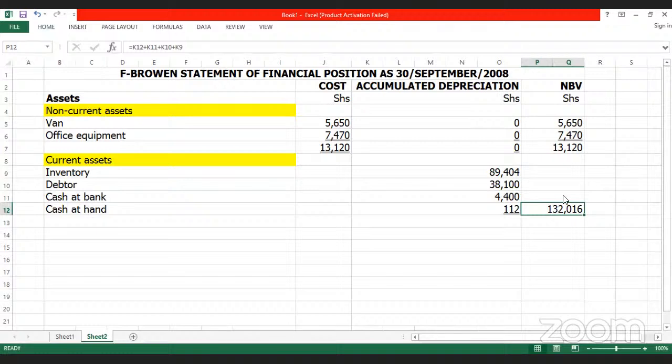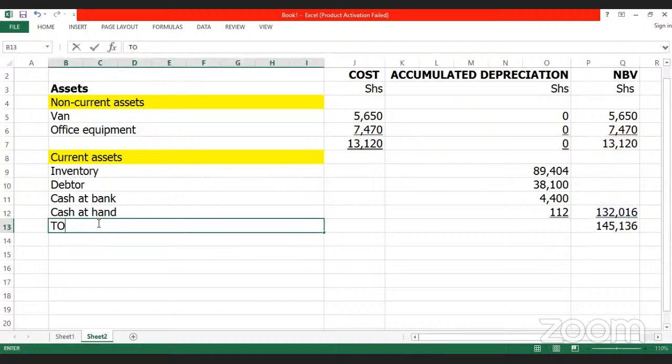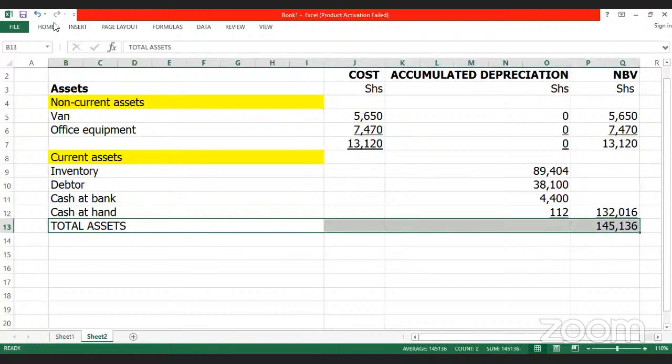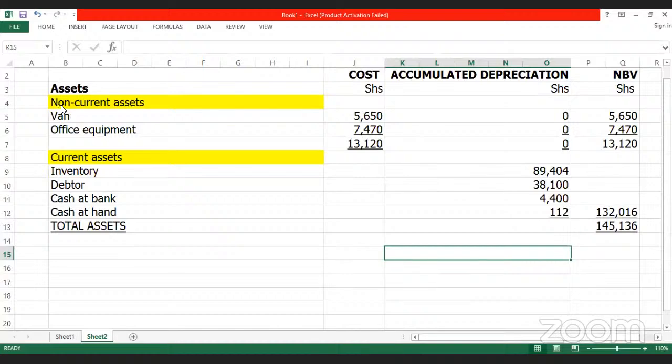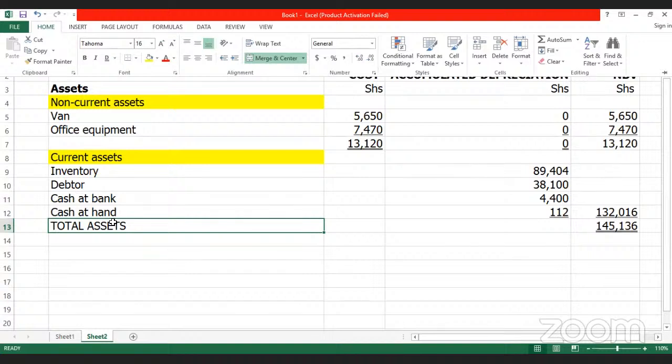That is my current assets total, which we can now add to the non-current assets to get what we call the total assets figure. So total assets, as you can see.